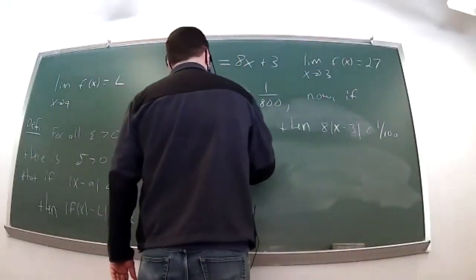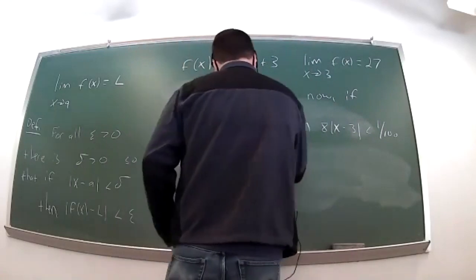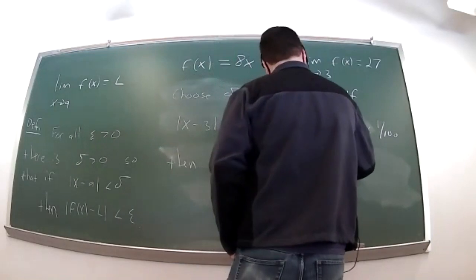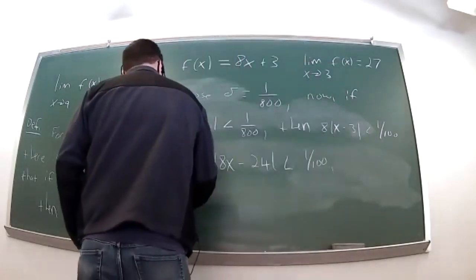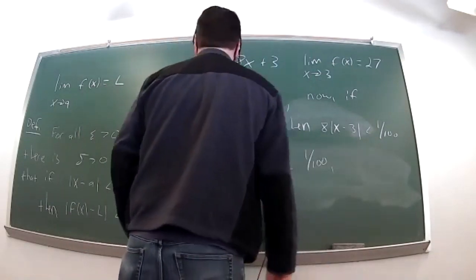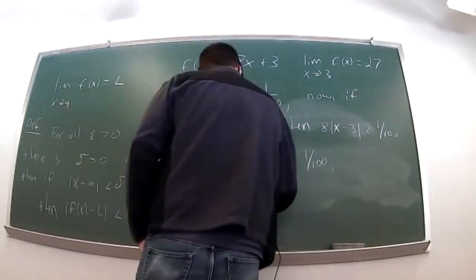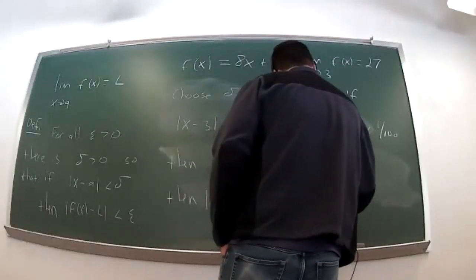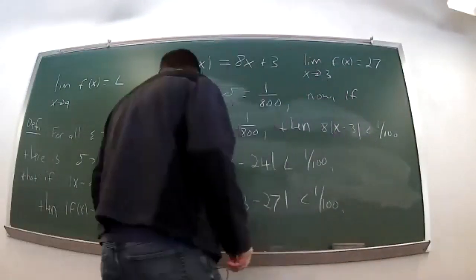And therefore, 8x minus 24 is less than 1 over 100, and therefore 8x plus 3 minus 27 is less than 1 over 100.